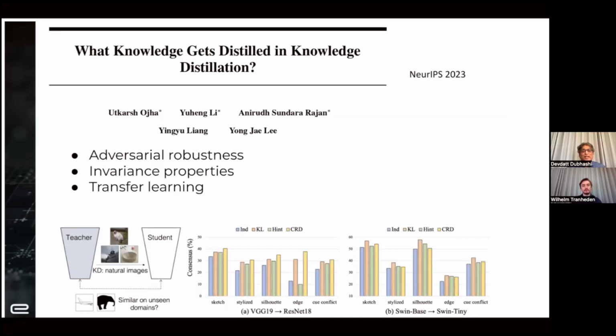So not only is it the accuracy that is maintained, but in the paper, they show that you can transfer many other beneficial properties of the teacher network to the student. For example, adversarial robustness. So it is robust to adversarial attacks. If the original teacher model has that property, that gets automatically transferred to the student without doing anything special. Invariance properties. So if the original teacher network is invariant to certain perturbations or variations in the training data, then those invariance properties are also transferred directly to the student.